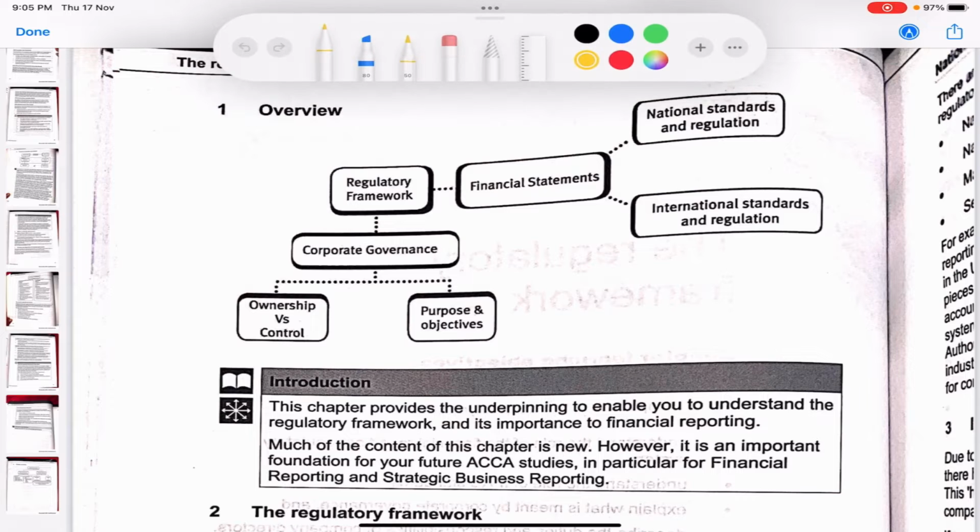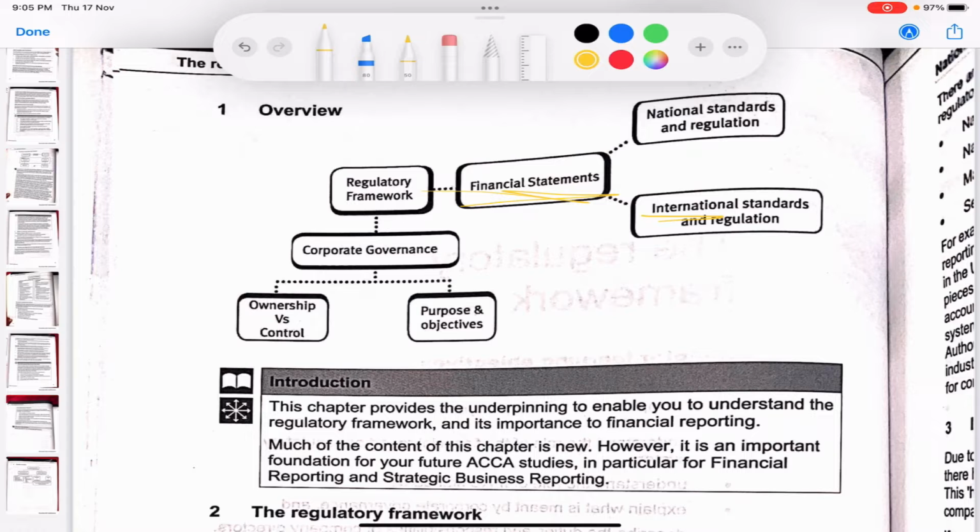You know that the financial statements of a company need to match the national standards, which means they need to match the country's laws and regulations. At the same time, the financial statements of a company should also match the international standards.